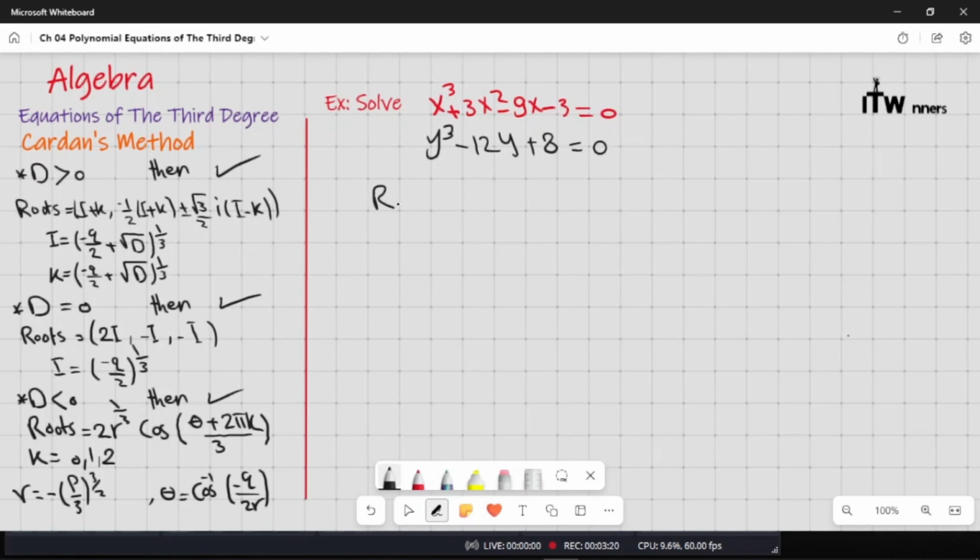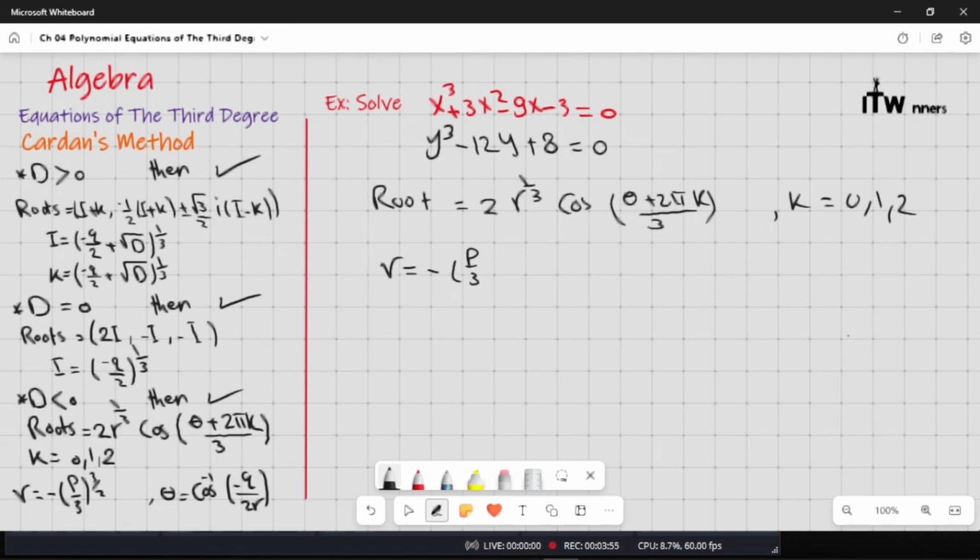Okay, so here our roots are equal to 2 times the cube root of r times cosine of theta plus 2 pi k by 3, where k equal to 0, 1, 2, and here we have r equal to negative p by 3 to the power 3 by 2, that's negative negative 12 by 3, that's 4 to the power 3 by 2.